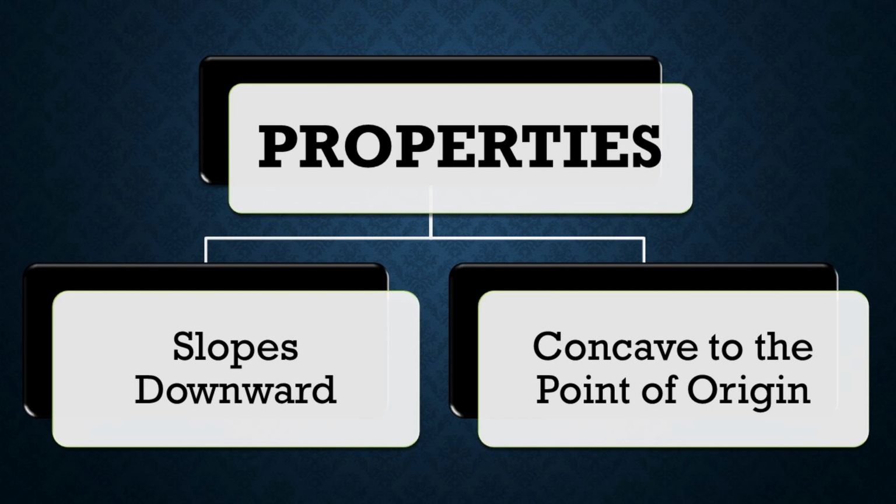Moving further towards properties of PPC. There are two main properties of PPC. First is PPC slopes downward and second is concave to the point of origin. PPC slopes downward because production of both the goods cannot be increased with the fuller and efficient utilization of resources and technology.